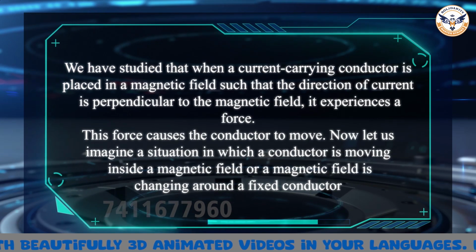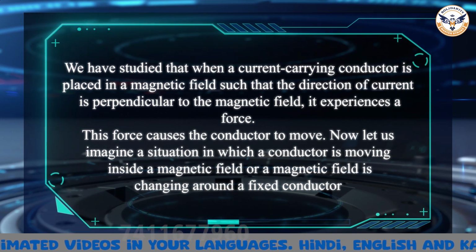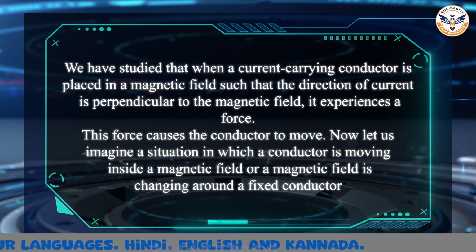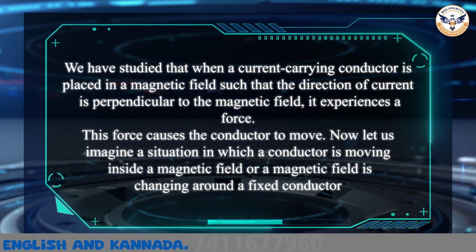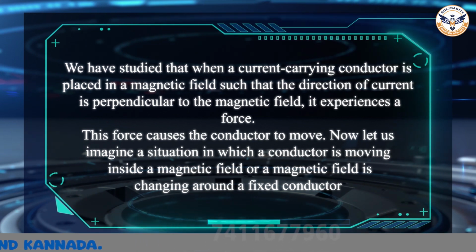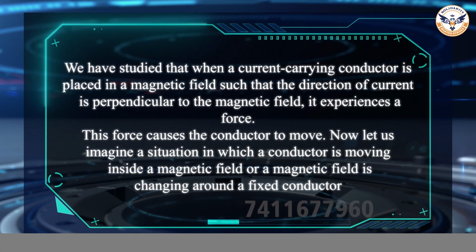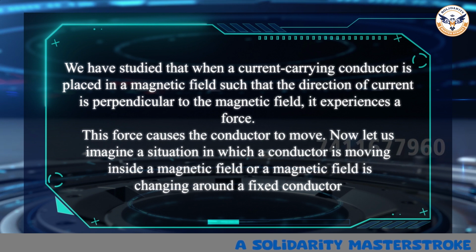We have studied that when a current-carrying conductor is placed in a magnetic field, such that the direction of current is perpendicular to the magnetic field, it experiences a force. This force causes the conductor to move. Now, let us imagine a situation in which a conductor is moving inside a magnetic field, or a magnetic field is changing around a fixed conductor.